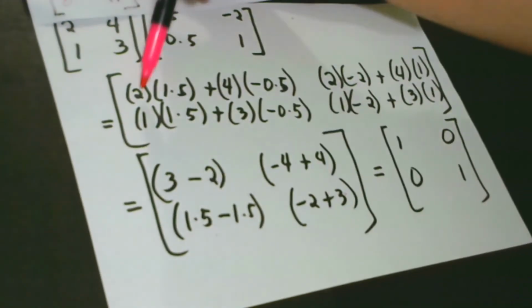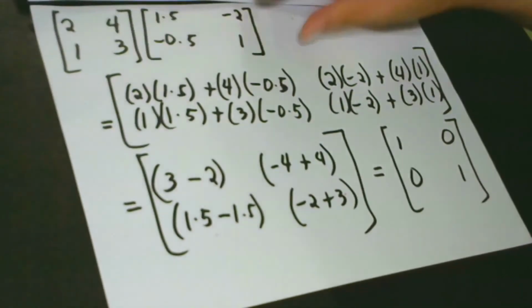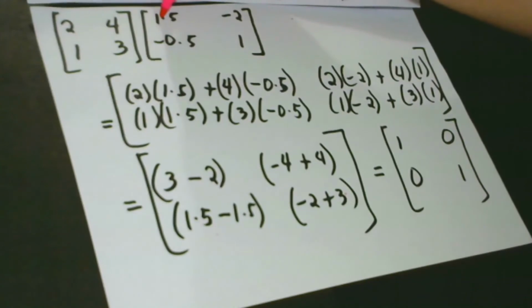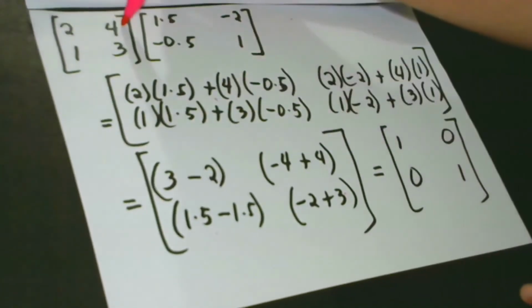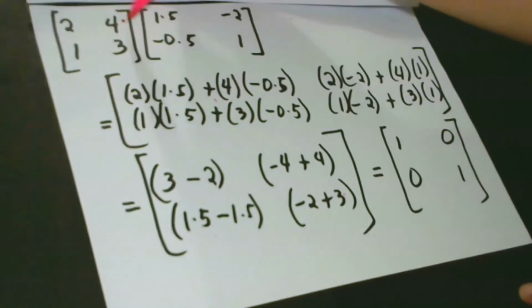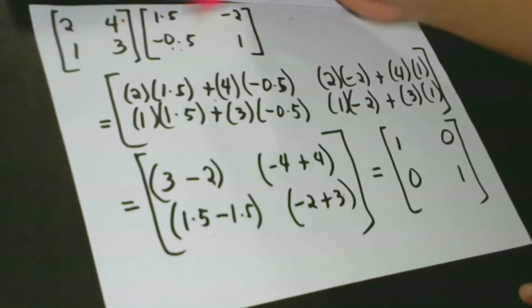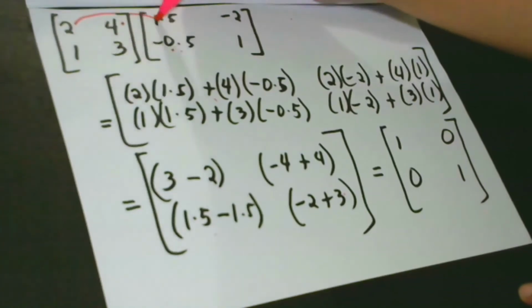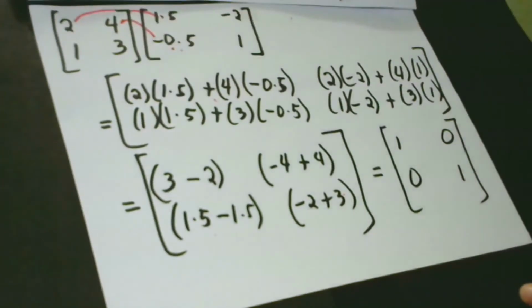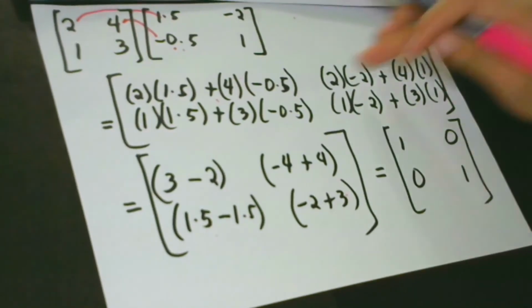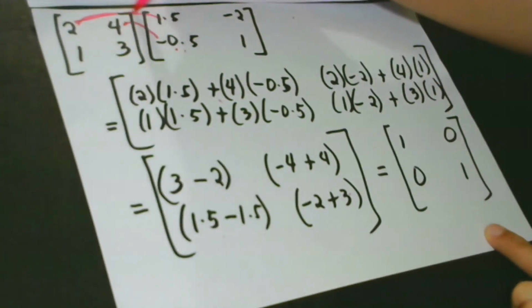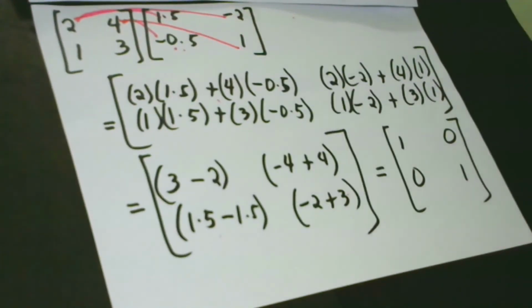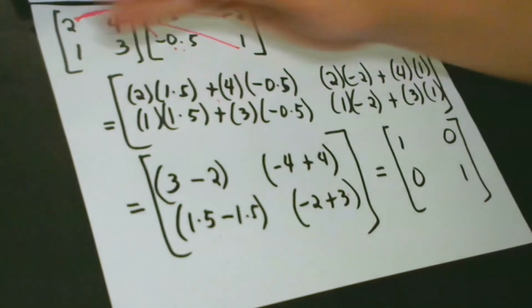Then remember our multiplication before? So this is 2 times 1.5 plus 4 times negative 0.5. And then for the second part, what we'll do is that this one to this and this one to this, and of course we're going to repeat the process for the lower terms.